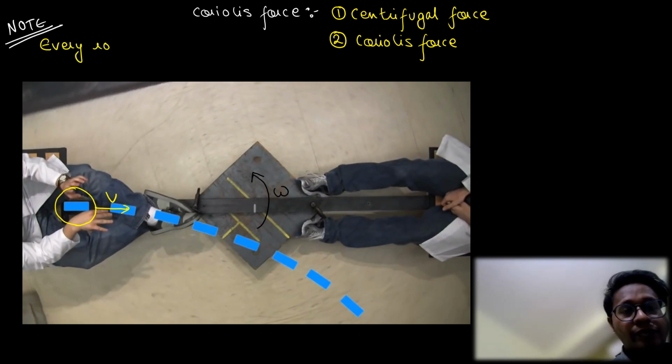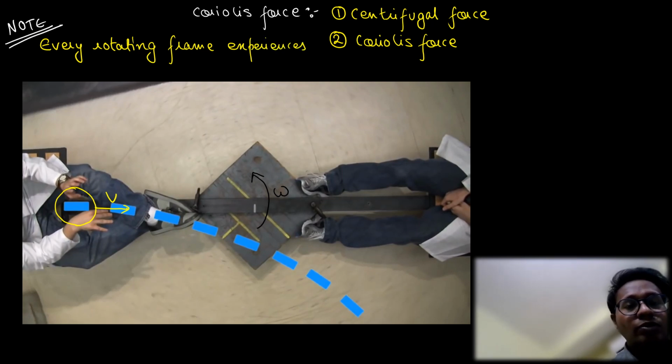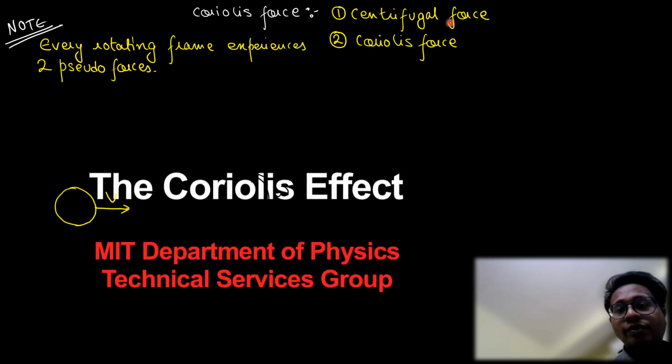Every rotating frame experiences two pseudo forces. The first one is the centrifugal force, the second one is the Coriolis force.